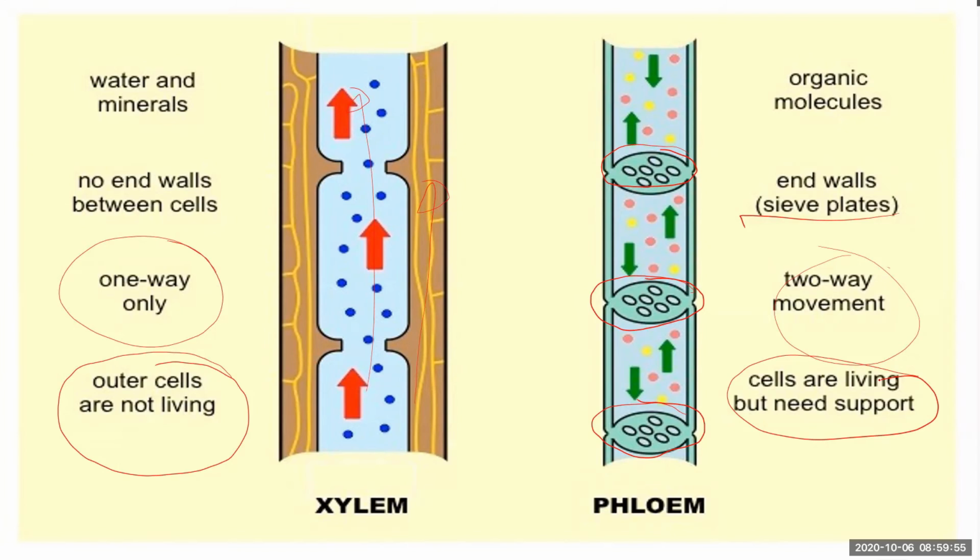That is why they have what we call companion cells. So that's why they have companion cells beside them, because these phloem cells need support.